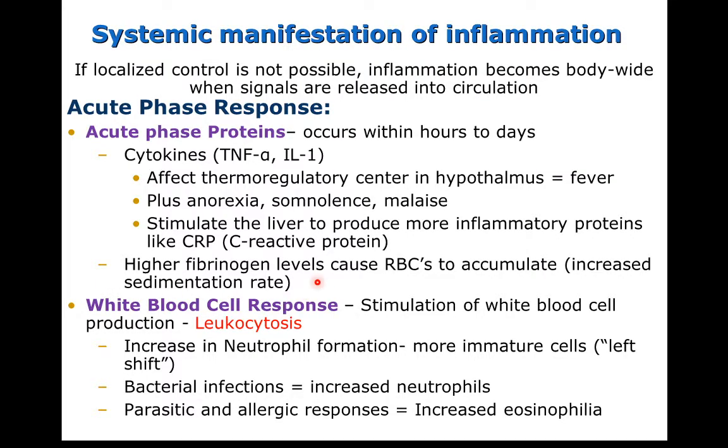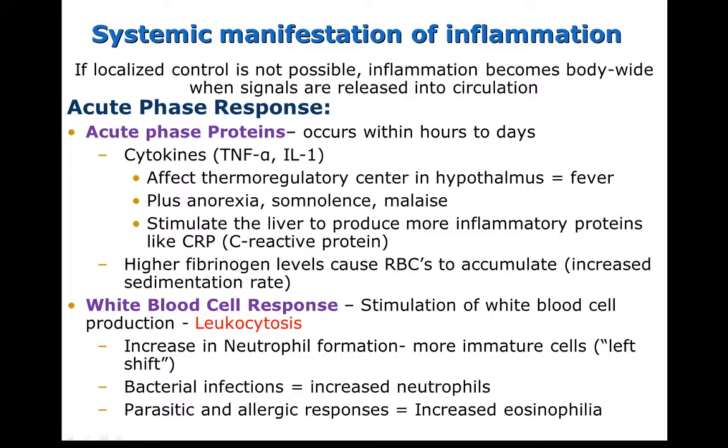So SED rates that are elevated tell us that there is some type of systemic inflammation. It's not very specific though. So actually not terribly helpful. Neither one of these measures are, again, they tell you have inflammation, but you have no idea where.